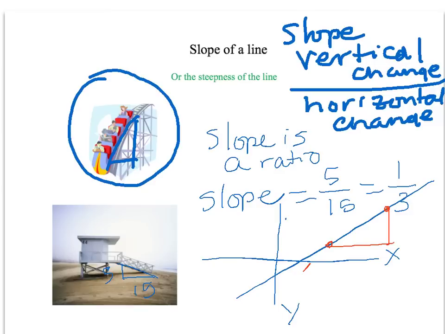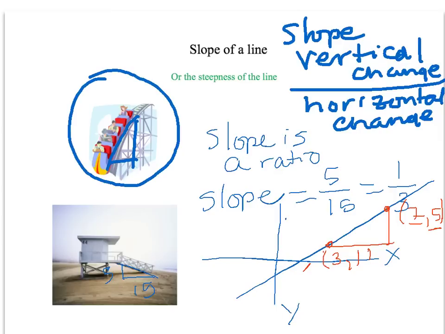I'm having challenges right now. Okay, let's say that, how come it's not erasing? Alright, the heck with it. We won't erase. Let's say this point up here is 7, 5, meaning my x value is 7, my y value is 5. And right here, this point is 3, 1.